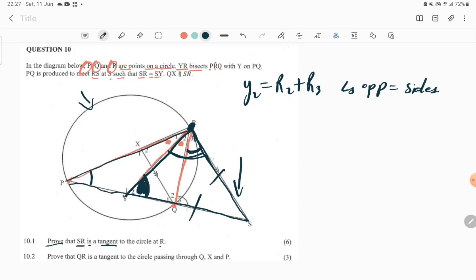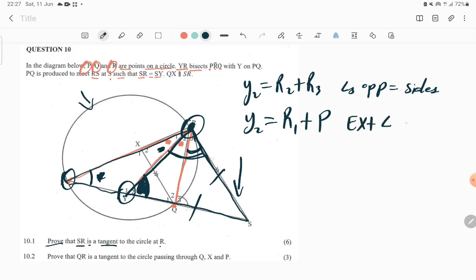The exterior angle is equal to the sum of the opposite interior angles, so Y2 is also equal to R1 plus angle P. These are the opposite interior angles of triangle PRY, so we can say exterior angle of a triangle.